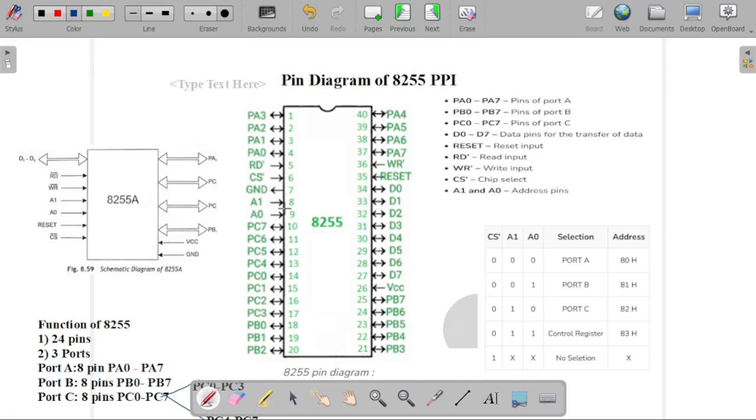In this video, we will learn the pin diagram of our 8255 PPI, that is Programmable Peripheral Interface. In the previous video, we learned the functions of the 8255.